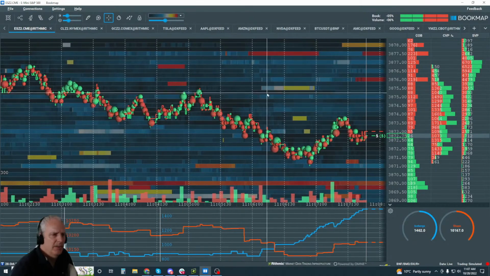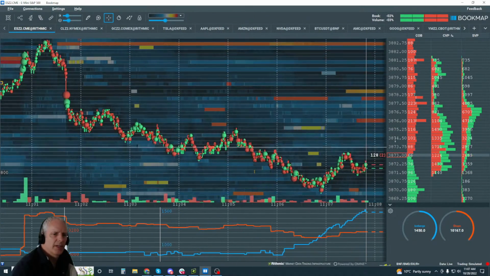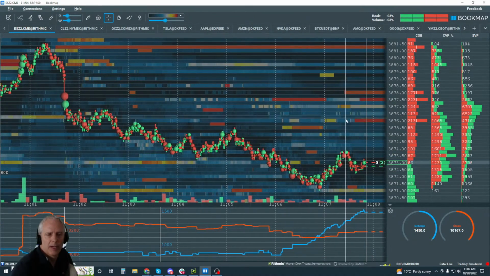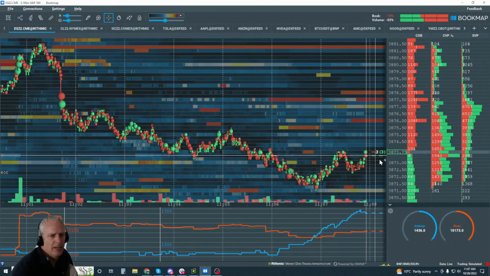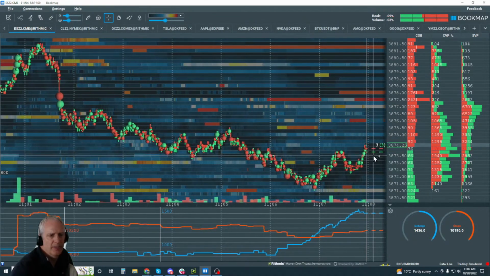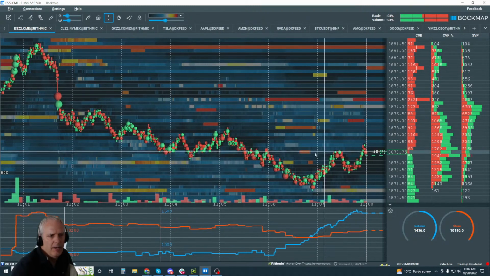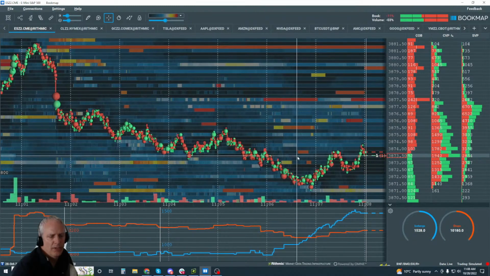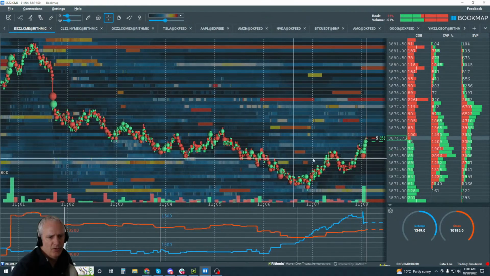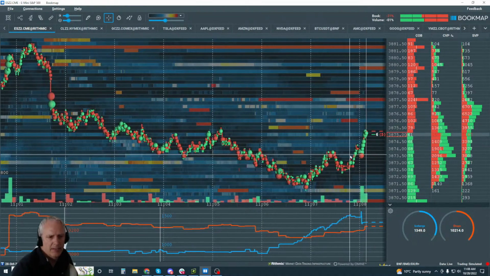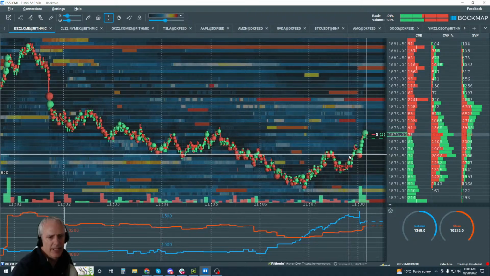Okay, now this is where it gets a little more convoluted to read, for sure. Don't stick to a position. We're looking for this downward structure to hold until it doesn't, and right now, it's not, right?